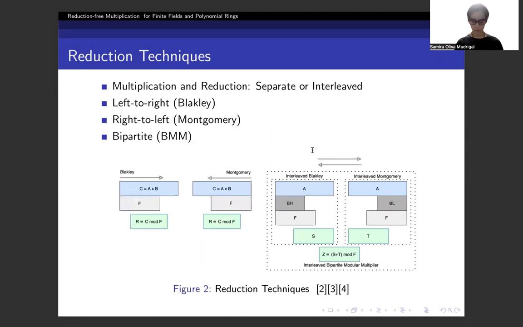Now, modular multiplication involves two steps, multiplication and reduction. And these can be done separately or interleaved into a single algorithm. All modular multipliers employ one type of reduction technique, whether they do a Mastrovito matrix, whatever it is, they employ some type of reduction.